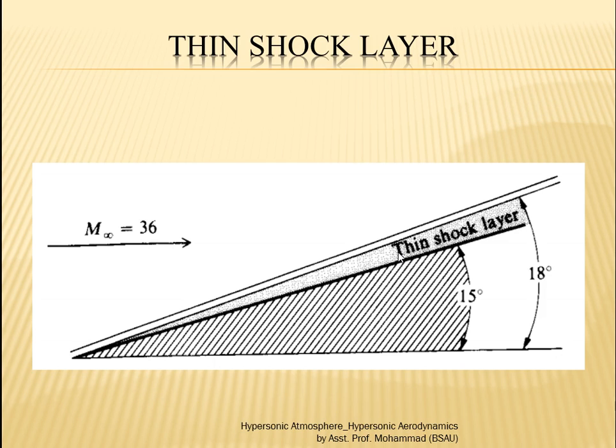If the temperature goes further high, this high temperature brings the shock layer down to a thinner level. So the hypersonic regime basically faces a very thin shock layer, depending on the Mach number, and this is one of the specific characteristics of the hypersonic regime. When we start seeing the thin shock layer phenomenon, we call it hypersonic flow.